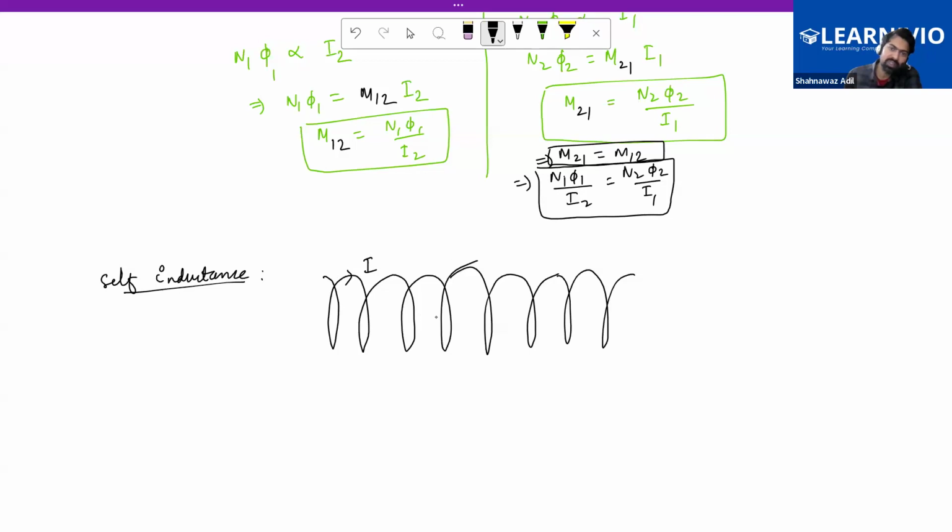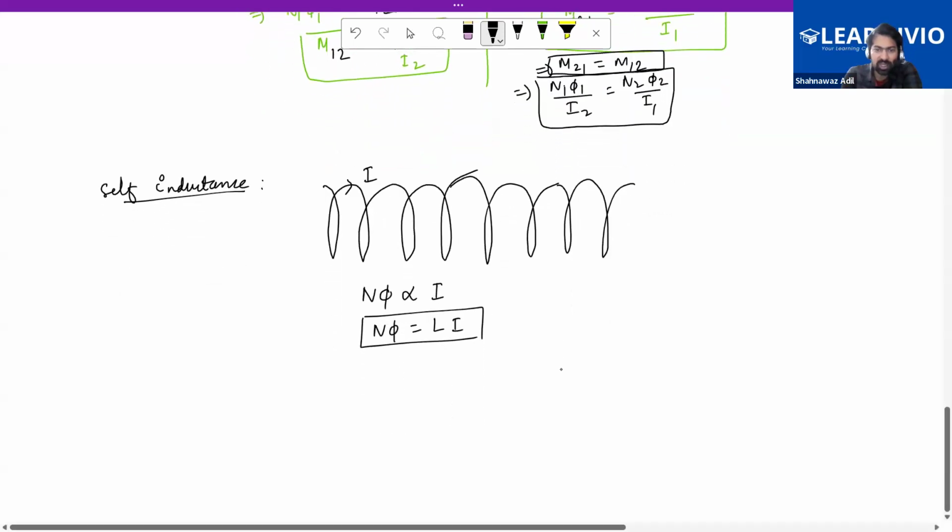Due to this current I itself, there will be some flux, and there would be some inductance. Let's say the number of turns is N, then N phi would be directly proportional to I. If we remove the proportionality, this would be L, right?